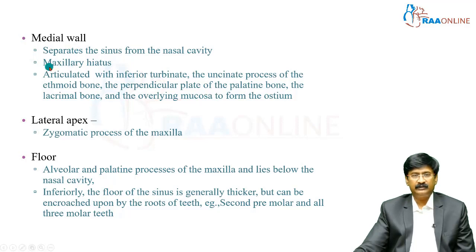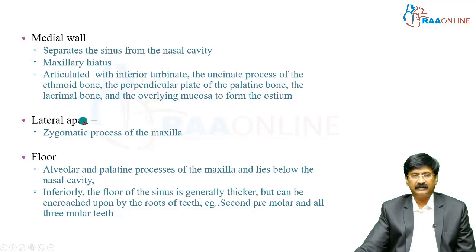It contains your maxillary hiatus or the middle meatus opening, which is articulated on the lower part by the inferior turbinate, and then you have the uncinate process of the ethmoid bone, the perpendicular plate of the palatine bone, the lacrimal bone, and the mucosa covering your ostium.